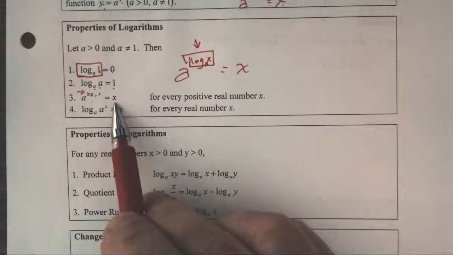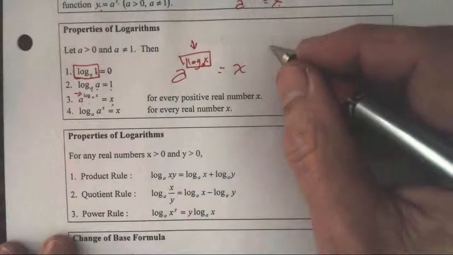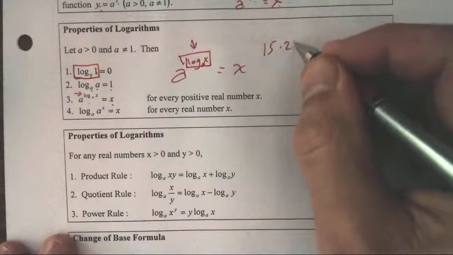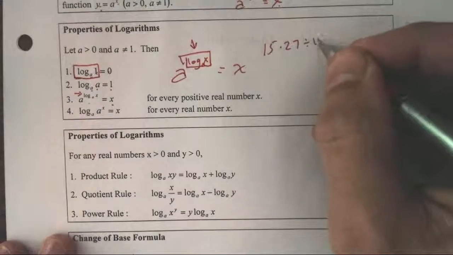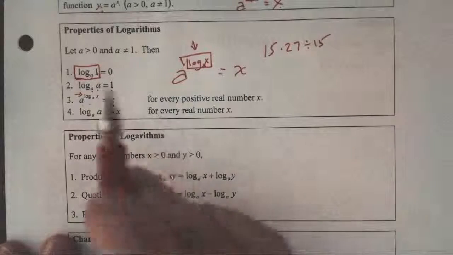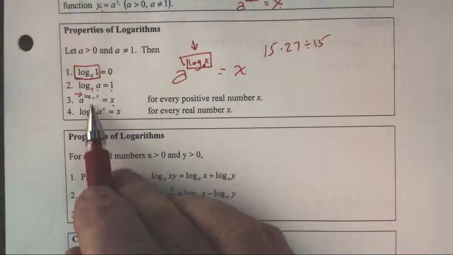Kind of weird. I often say this would be like finding a really sharp 5th grade math student and saying, hey, I want you to work this out. I want you to take 15 times 27 and divide by 15. And that student's not going to have to spend too much time on that problem, as you wouldn't either. So a really good pre-calculus student that really gets logarithms is going to see this one right away.